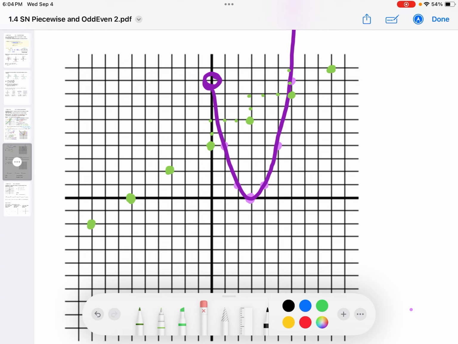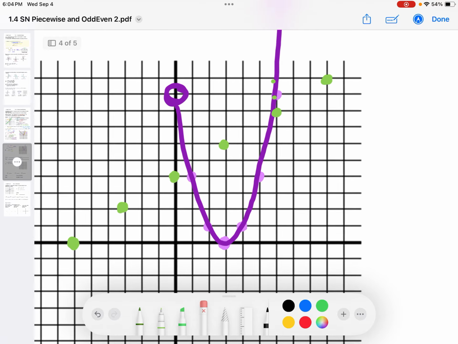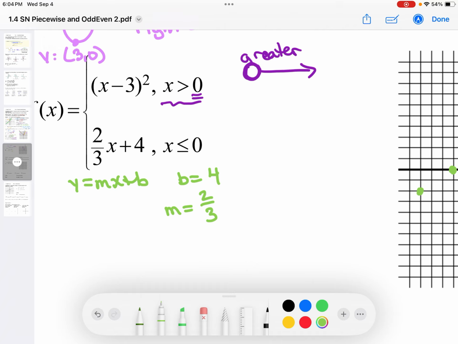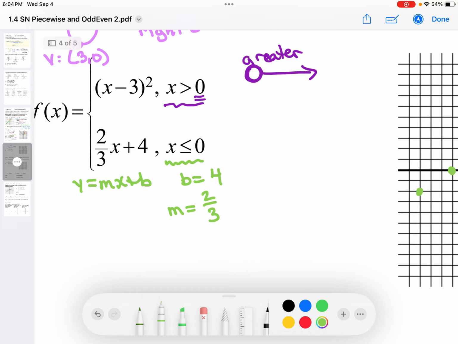And we need to look at what piece of that line we need to use. So the piece of the line we're using is where x is less than or equal to 0. That's an equal to, so it is a closed circle. Equal to is a closed circle.